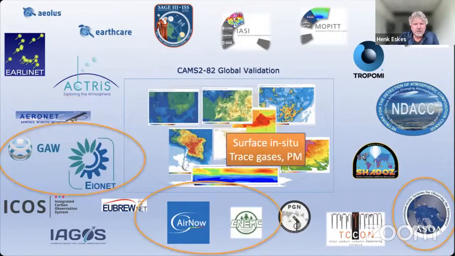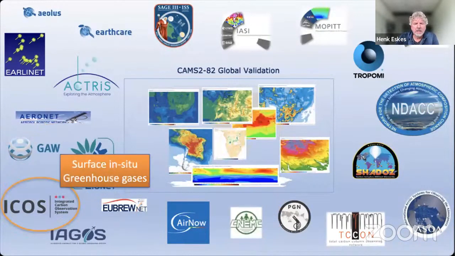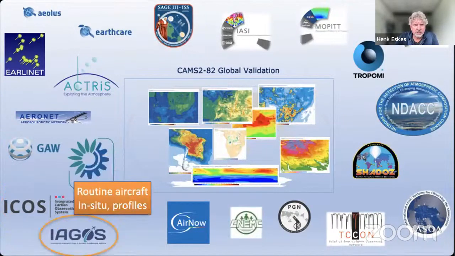Then we have surface concentrations, basically for air quality purposes. And we have the networks in America, the US together with Canada, and in Europe, of course, and also in China, which has now a very extensive network, and that's what we use for the validation. For greenhouse gases, we have ICOS in Europe, who is gathering a lot of surface data around Europe, and that's what we are using.